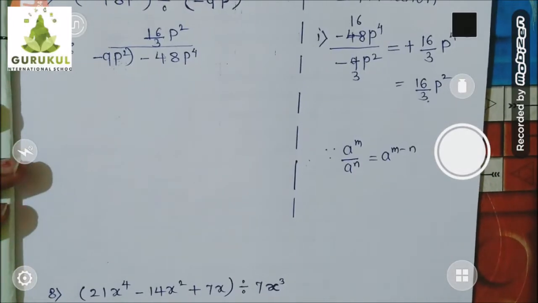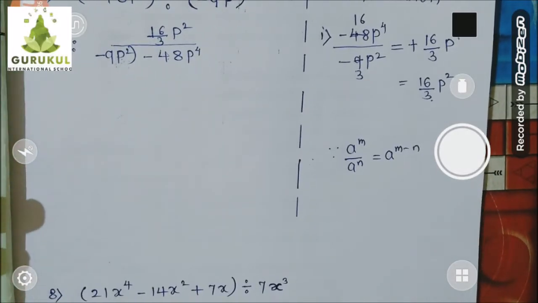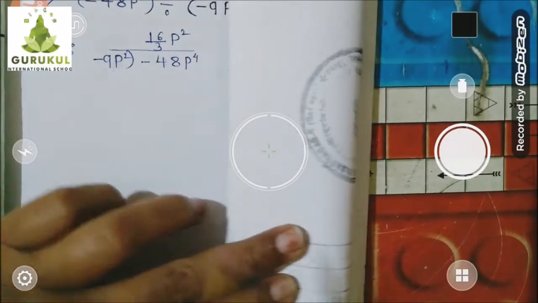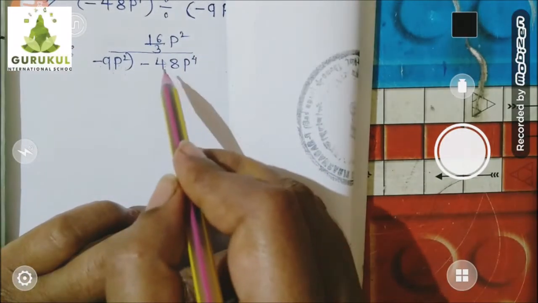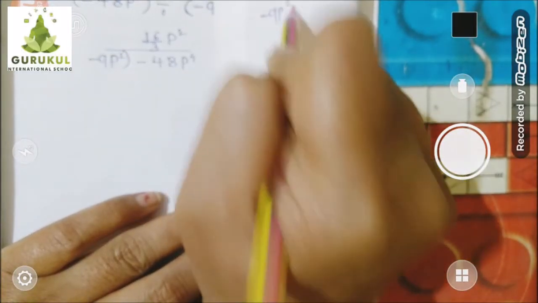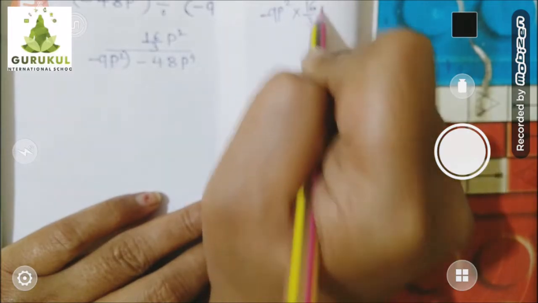Okay, if you want to cross check, you can cross check on a rough page. Children, I will show you that this multiplied by this will give you this number. See, I will show you on the rough page. Minus 9p square into 16 upon 3 p square.